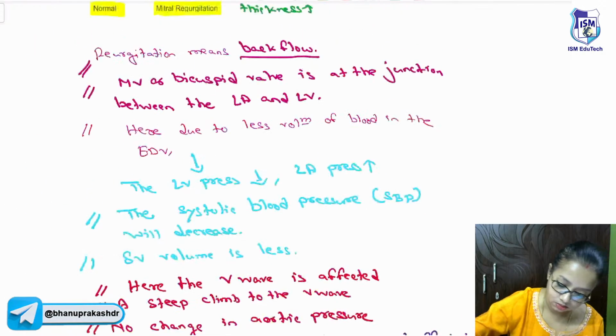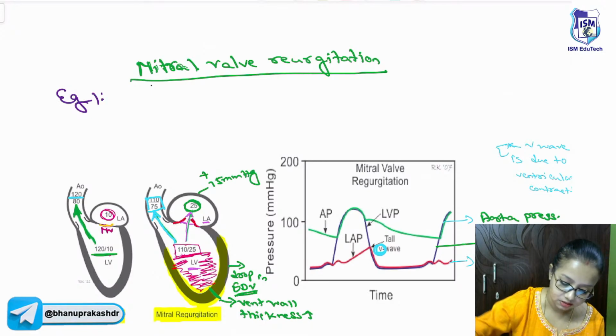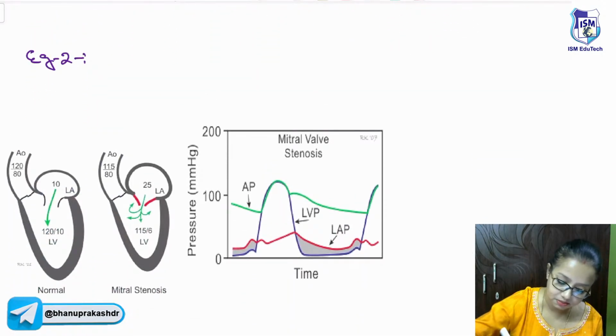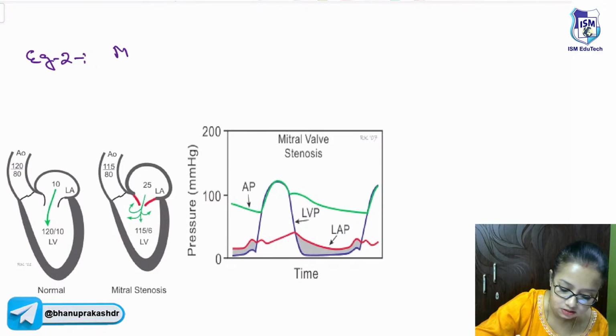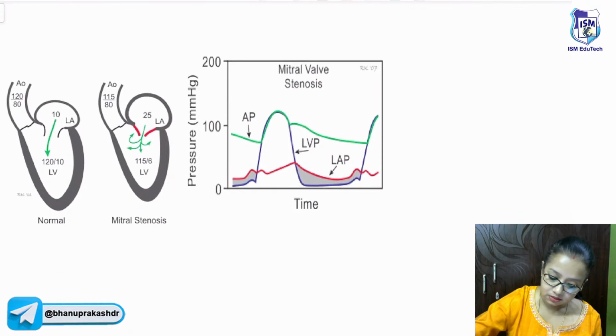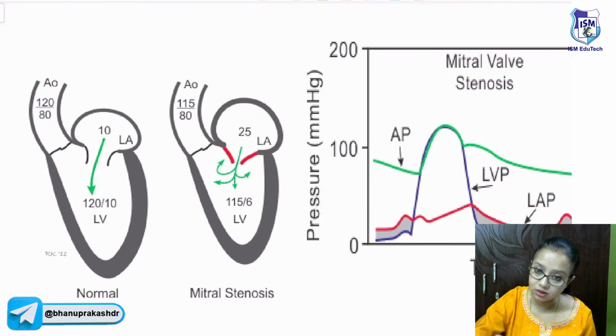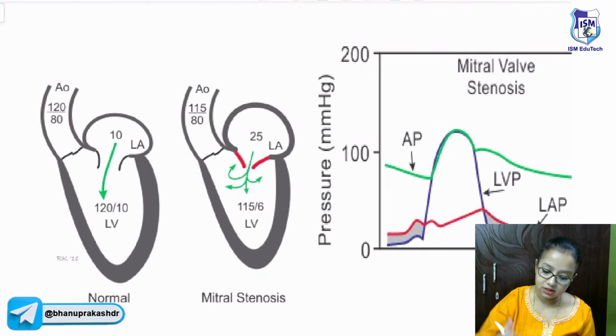This was example 1 and this is example 2, which is mitral valve stenosis. Now, what happens in mitral valve stenosis?